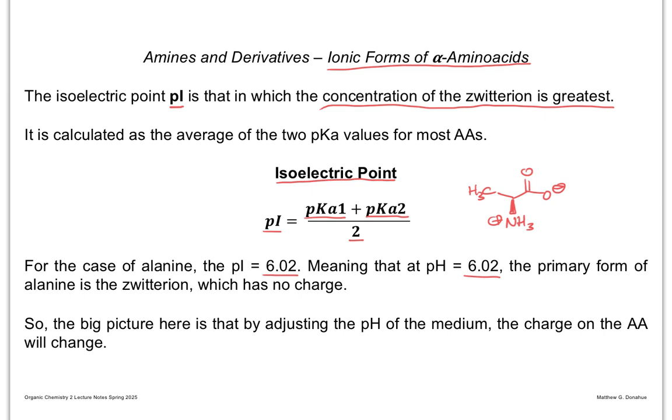The bigger picture of this is that by adjusting the pH of the medium, we can change the charge of the amino acid. And again, that's going to help us in terms of purification of these things. If we have mixtures of different, say, peptide chains, they'll have different mobility on the gel electrophoresis solid support material.